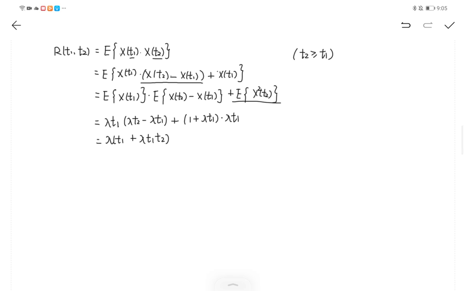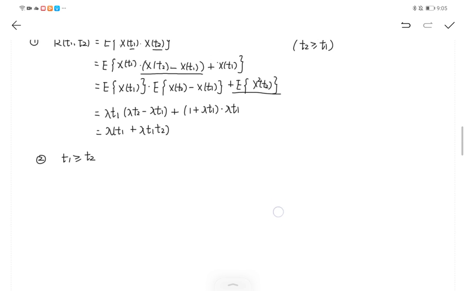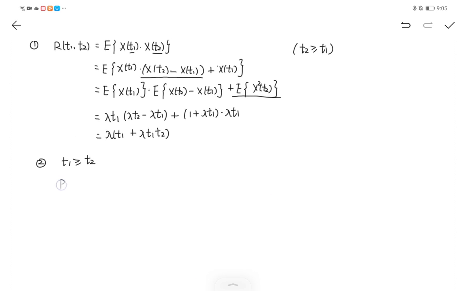So if t1 is bigger than t2, it's similar. We only change t1 into t2 and t2 into t1. So that might be lambda t2 multiplied by lambda t1.